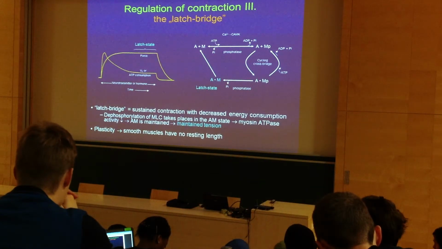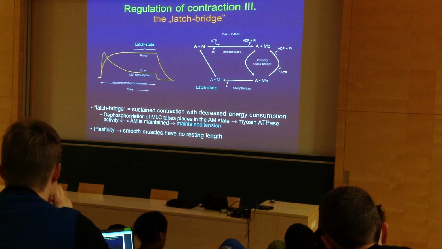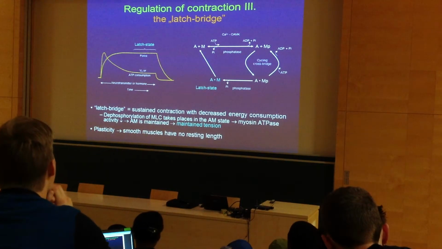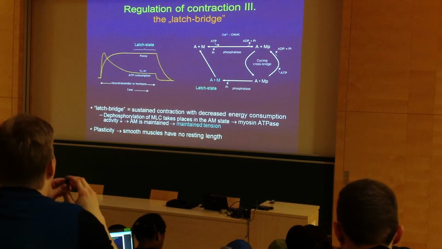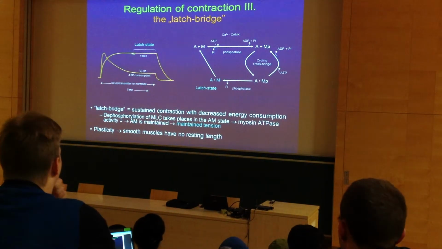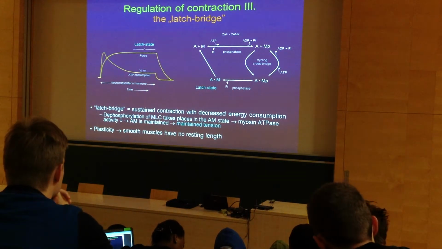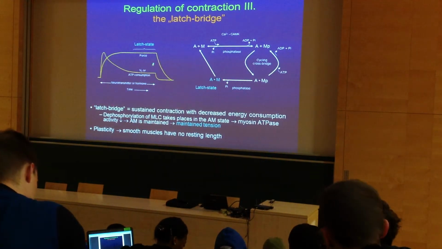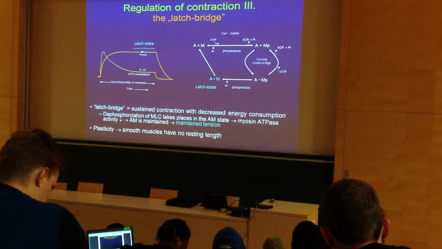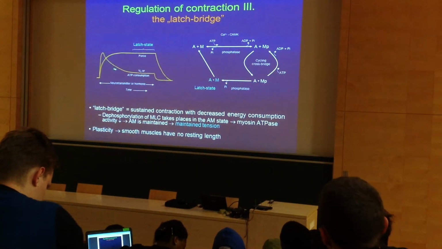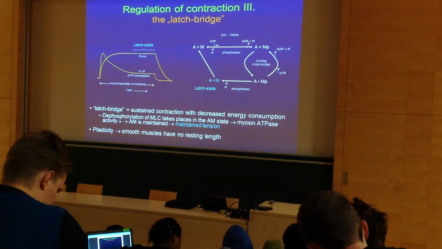So how can smooth muscle preserve the contractile state without using much energy? Well, actually it can, and we call this the so-called latch state. Latch is simply explained as the fact that the force is maintained, whereas ATP consumption is reduced.